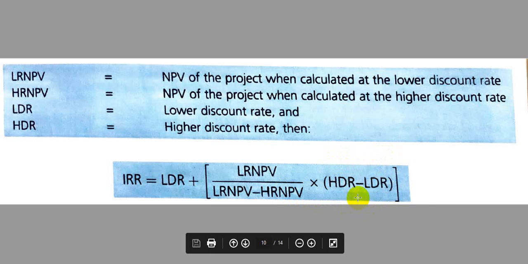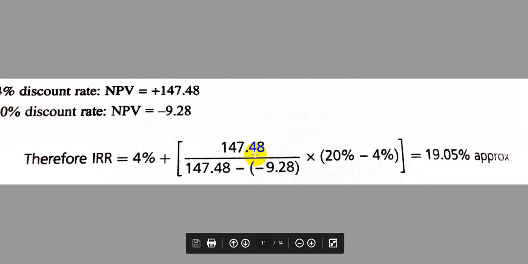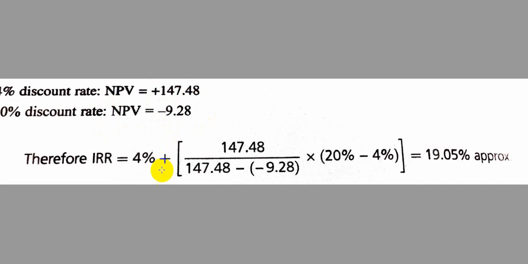So taking this to our next step, this is the net present value at 4%, and this is the net present value at 20%, and applying the equation here we write 4% plus 147.48 divided by 147.48 minus another minus 9.28, that is already the outcome of the net present value at the highest rate, multiplied by 20 minus 4%.